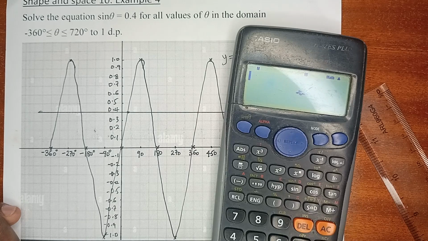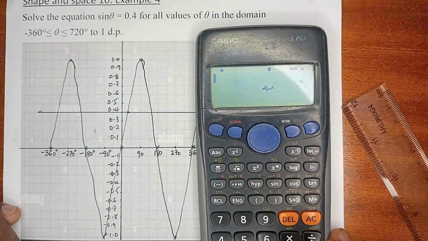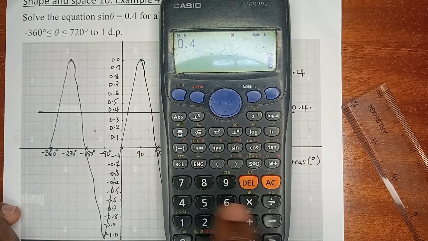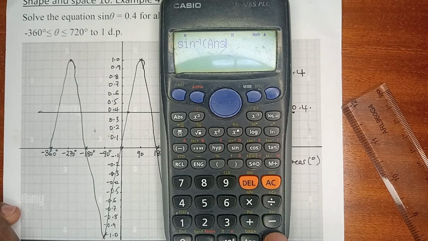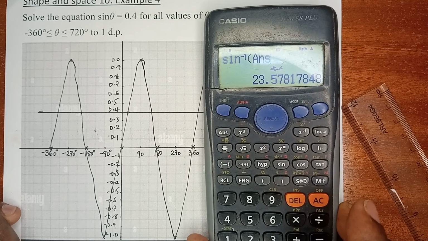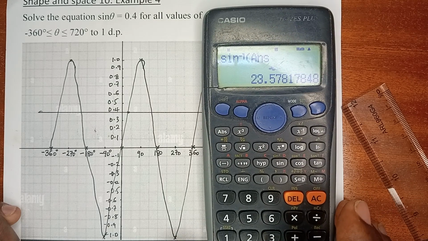We ask which angle has a sine of 0.4. So we take shift sine of 0.4, and the answer is 23.6 degrees. The angle whose sine is 0.4 is 23.6 degrees.